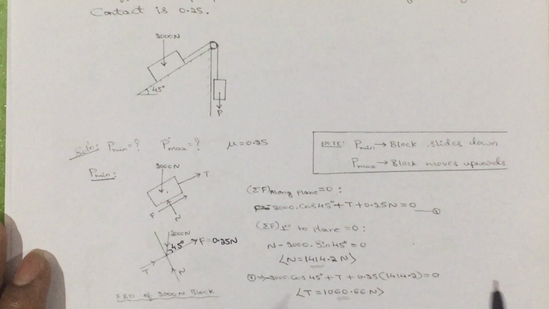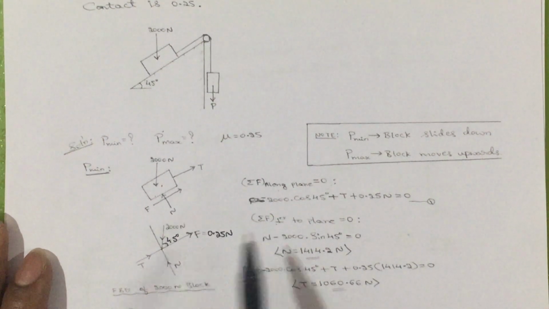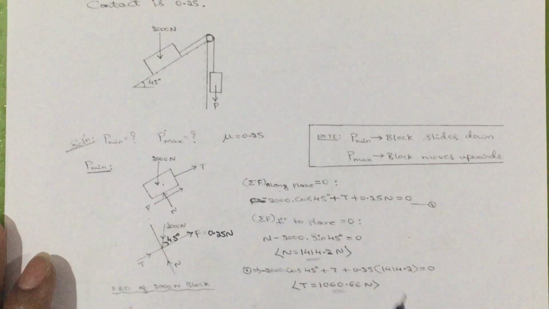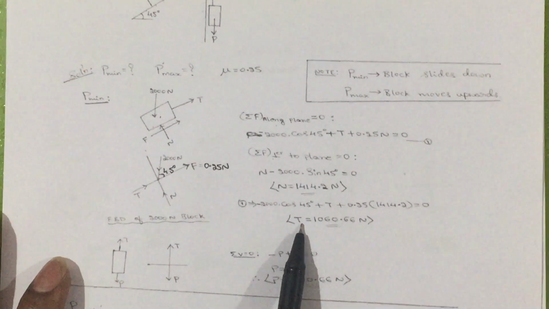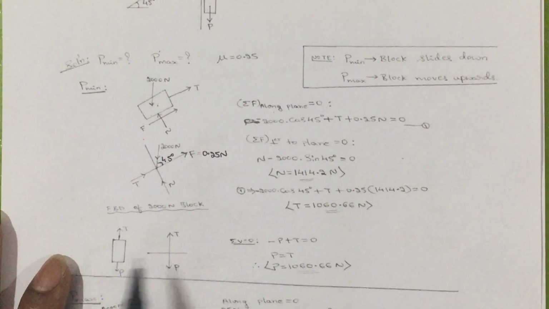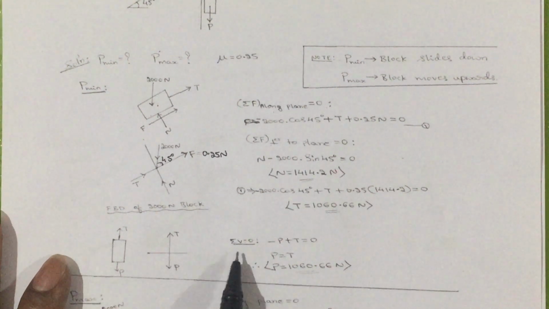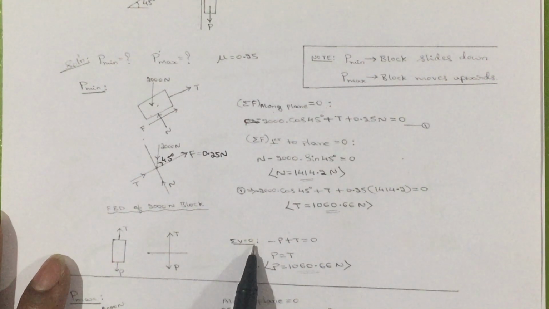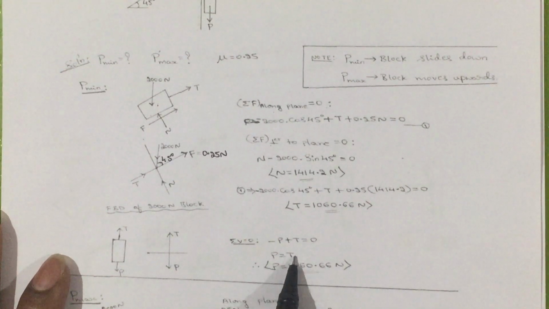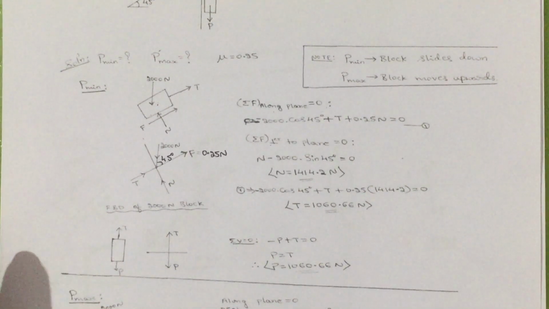Then sigma V is equal to 0, that is perpendicular to the plane. If you apply, you are going to get the T value. Then come to this free body diagram. Here there are no horizontal forces, so leave sigma H is equal to 0. Directly apply sigma V is equal to 0. T is already known, so you are going to get the P value. That's all.